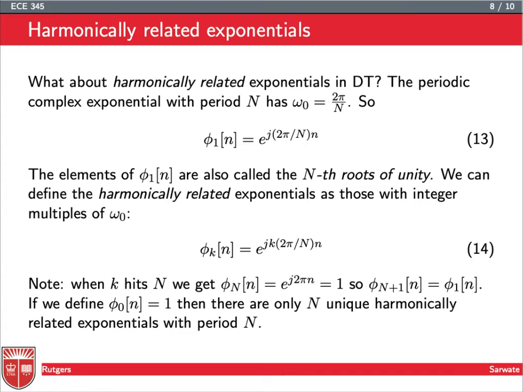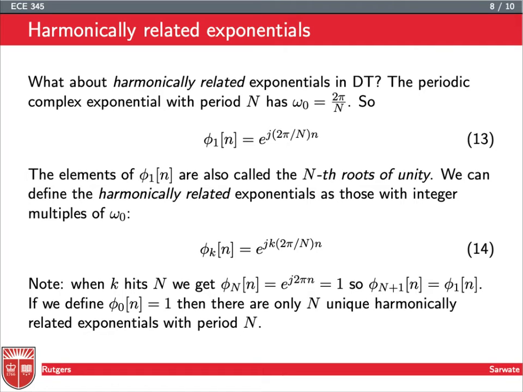We can call phi 1 of n e to the j 2 pi over capital N times n, and then we can have times 2n, times 3n, times 4n, times 5n, little n, that is. And we get these phi k of n, which is e to the jk times 2 pi over capital N times n.